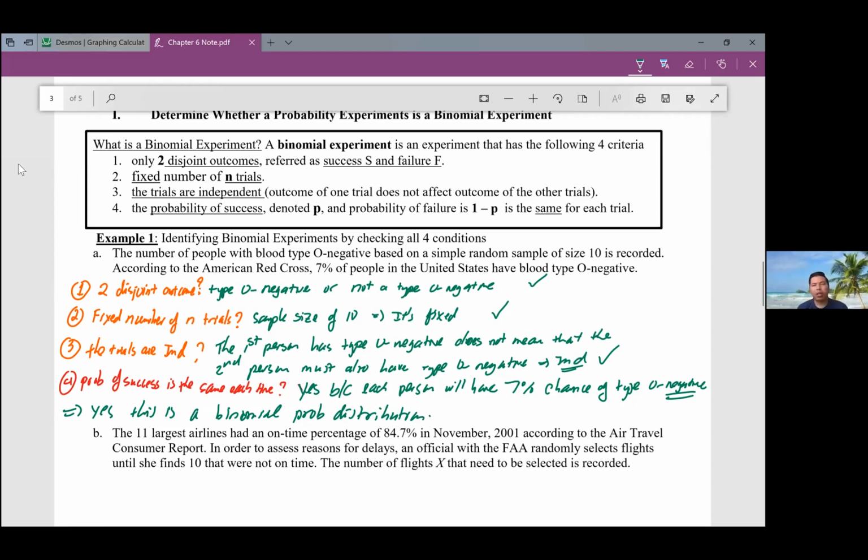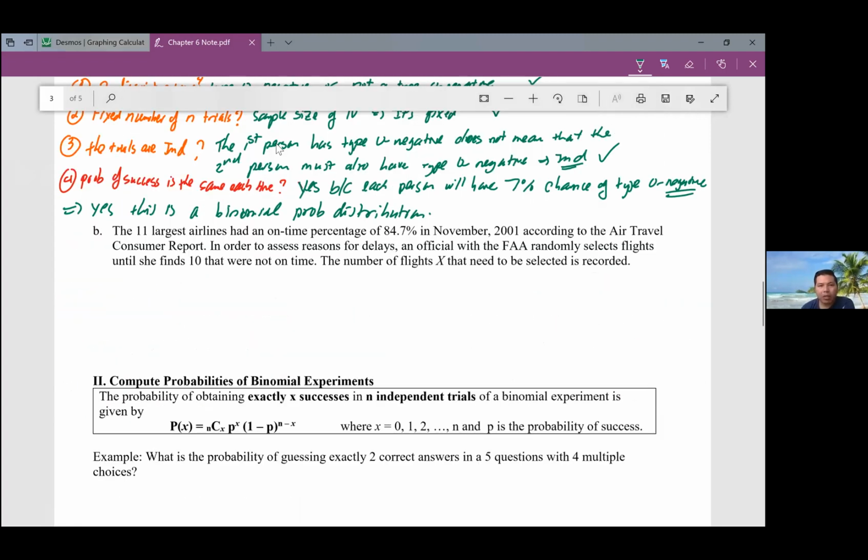This is good, by the way, because later on, if you are conducting a survey and you want to deal with binomial experiments, you need to go through the list. Can I do that or not? Because sometimes using the wrong distribution can cause the wrong answer. Okay, so now it's your turn. Go ahead and see if B is also a binomial or not.